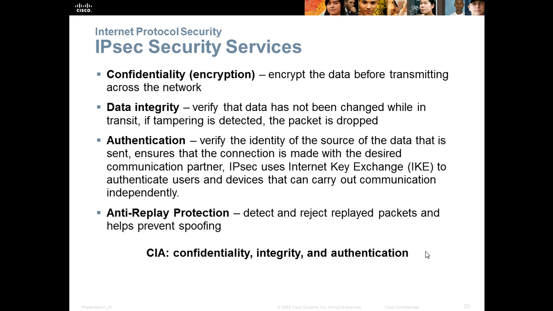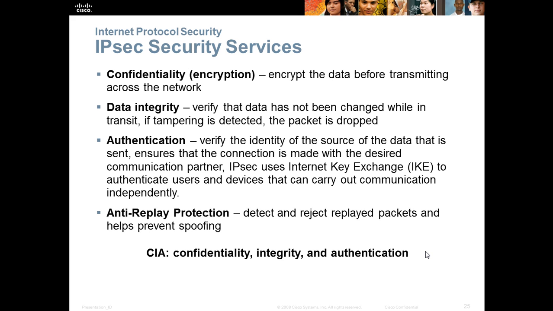IPsec security services: confidentiality, encryption. IPsec encrypts the data before transmitting it across the network. IPsec provides data integrity by verifying that data has not been changed while in transit. If tampering is detected, the packet is dropped.